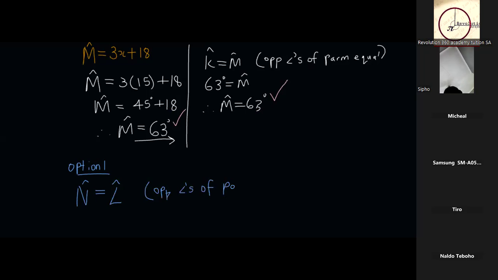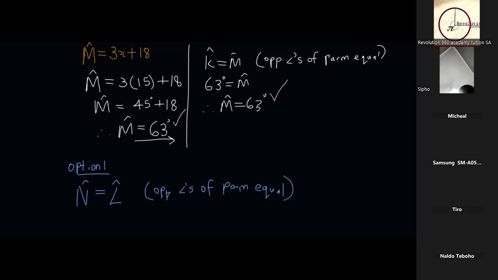Now we want to solve angle L. So we did calculate angle N. What did we get with regards to angle N? Let's check. 117 degrees. In the place of L, you're going to put 117 because that's the one that we actually got.